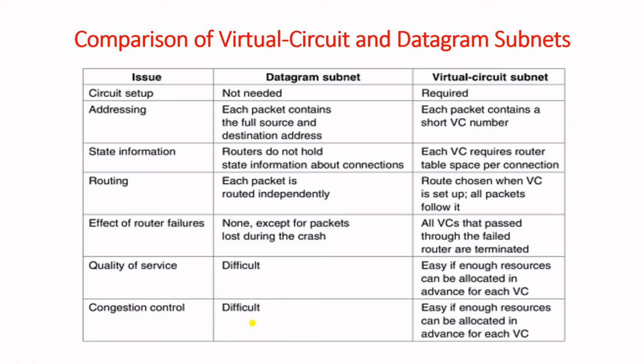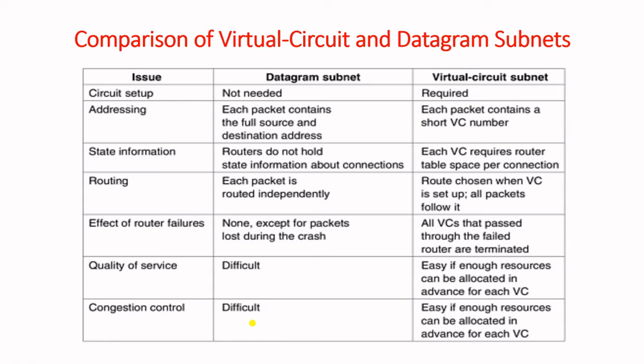Now the comparison of virtual circuit and datagram subnets. There are 3 columns. In the first column there is the issue regarding the datagram subnet and the virtual circuit subnet. The first issue is circuit setup. In datagram subnets no circuit setup is required, because every packet can follow a different path.